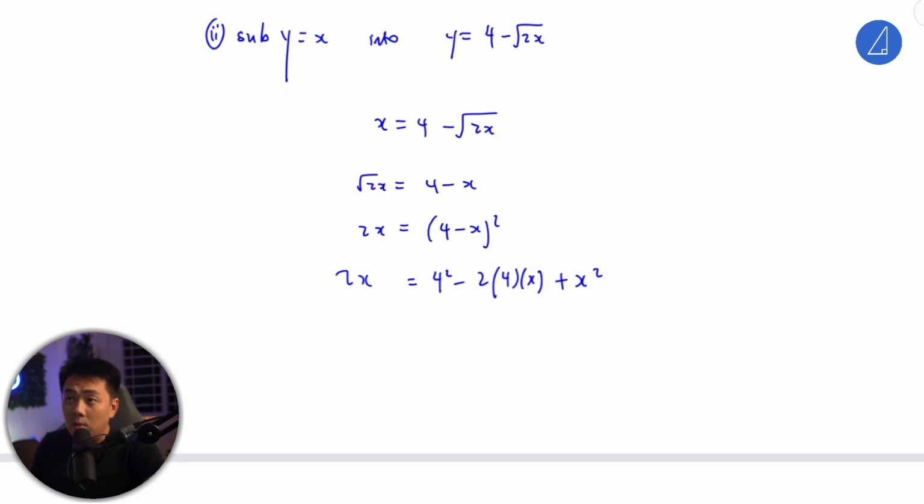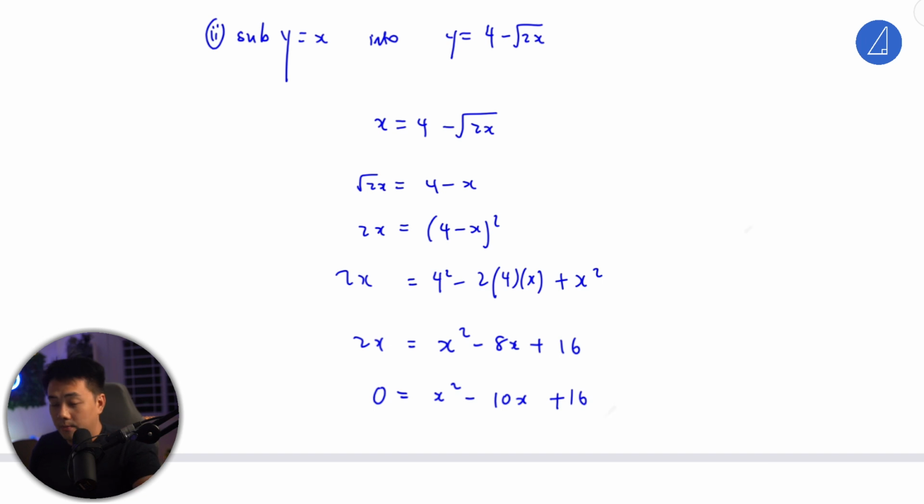Then we're just going to expand this. We get 16 minus 8x plus x squared equals 2x. So we could solve this as x squared minus 10x plus 16 equals 0.